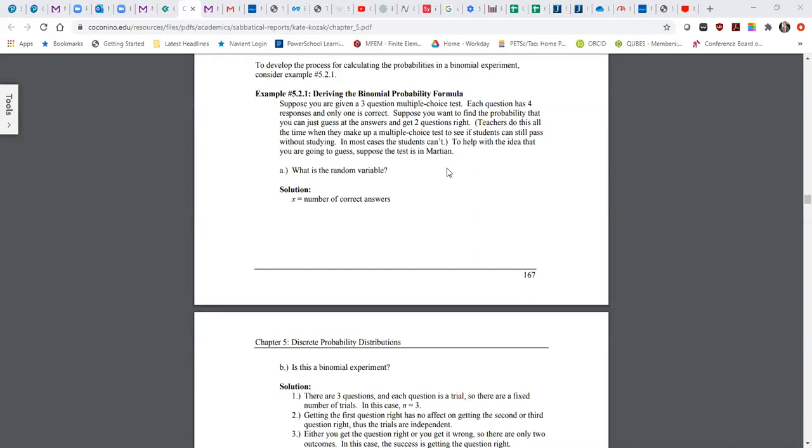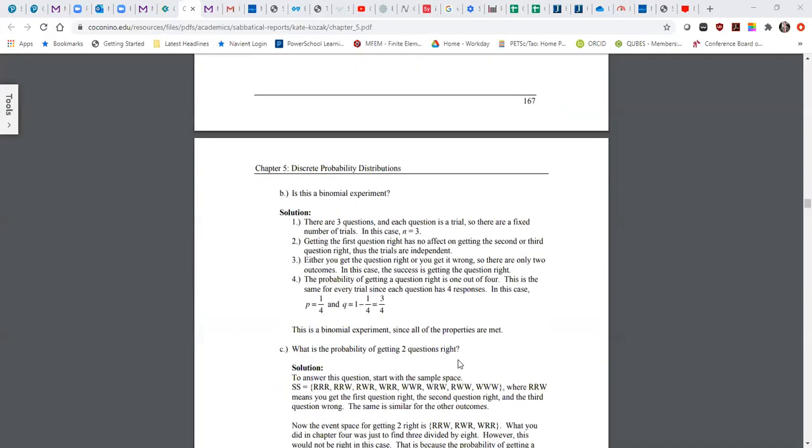Okay, so what is the random variable here? X is the number of correct answers. And what is the binomial experiment? How many trials do you have?